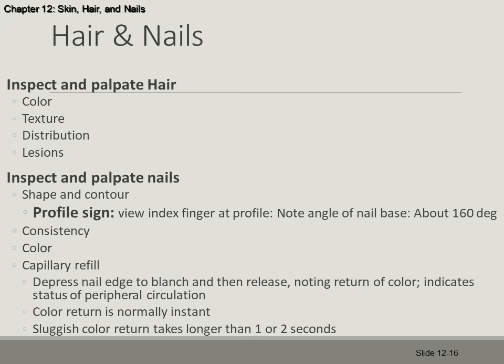Now, some nails are sort of flat, some nails are sort of curved, and just because a person has a curved nail doesn't mean that they actually have clubbing. They don't. I think at the end of my talk, there's an example of what a nail with clubbing actually looks like. But I thought in your book there was a picture of a nail that actually is clubbed. It's somewhere in the picture.